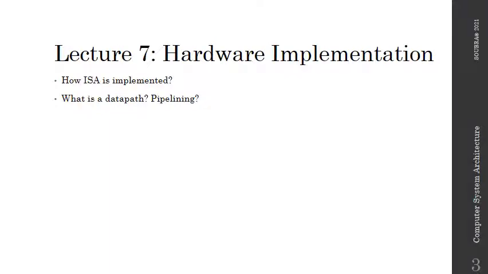Okay, right. So from now on, I'm gonna start talking about the implementation of an ISA that we covered in the very first part of that course. So this is how we're gonna find out how the ISA is implemented, and we're gonna check an implementation of the ISA that is fully functional.